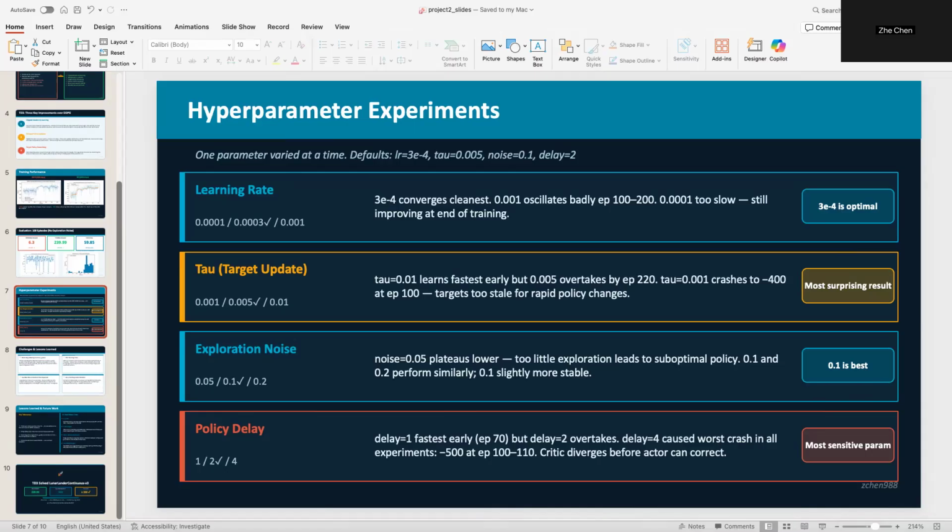The third one is the exploration noise. Too little noise causes the agent to explore less. And the last one is the policy delay, which is one of the most important parameters. Updating the actor once every 2 critic updates gives the model more stability.